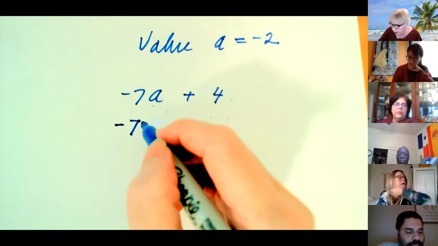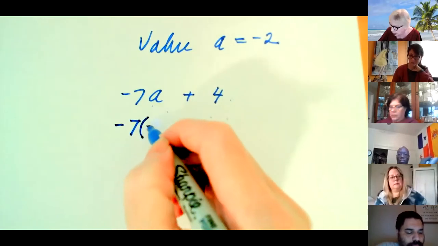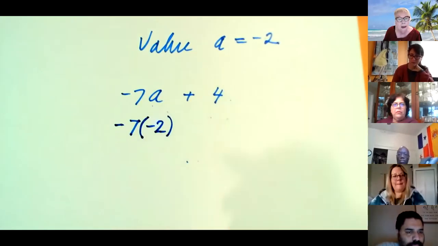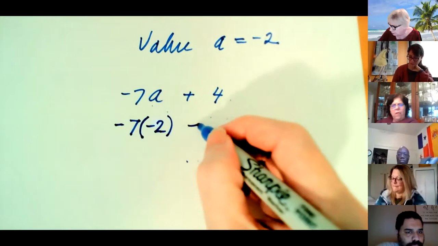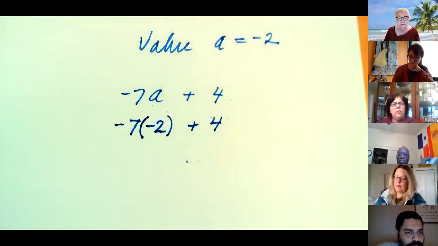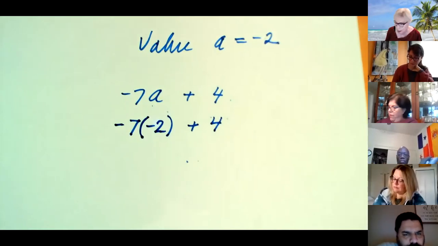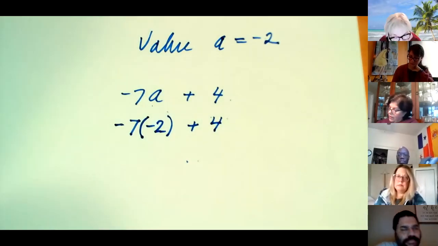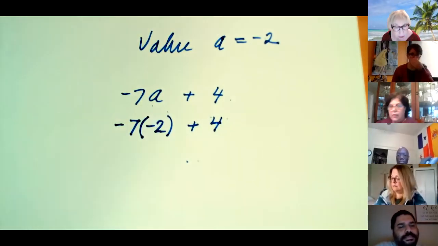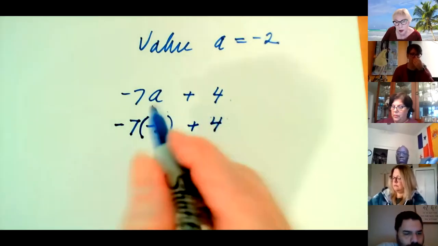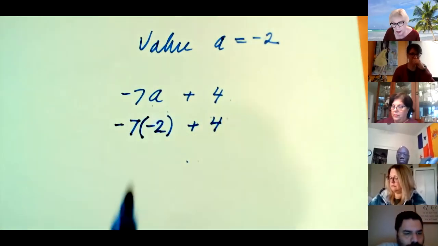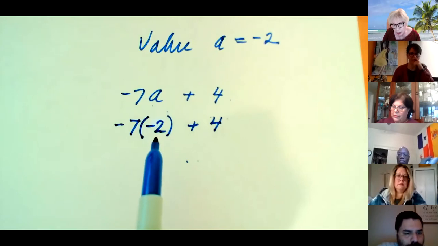I get to my letter, I put parentheses, I drop my number in, close the parentheses, and then I finish copying. That's the critical step. And that's why I want to see your work, because if you get past this, you're going to make it. If you don't, or if you try to take a shortcut, this is not a bad step. This is a critical step.